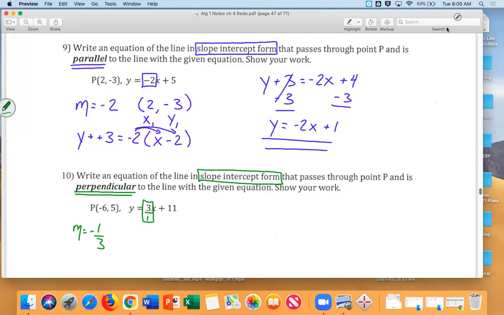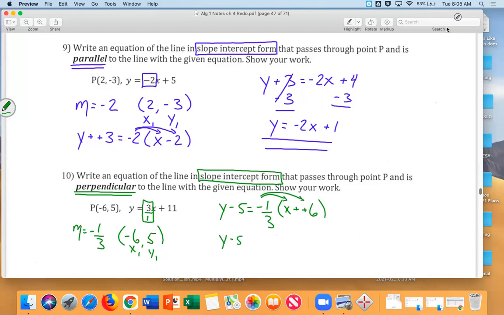I just find it makes your life a little bit easier. So I'm going to label my point x1, y1 and substitute it in, so I get y minus 5 equals negative 1/3 times x minus negative 6. Two negatives make a positive.